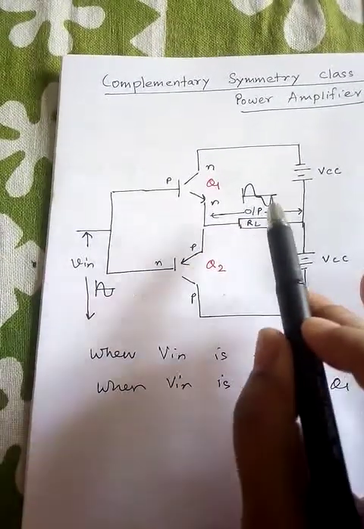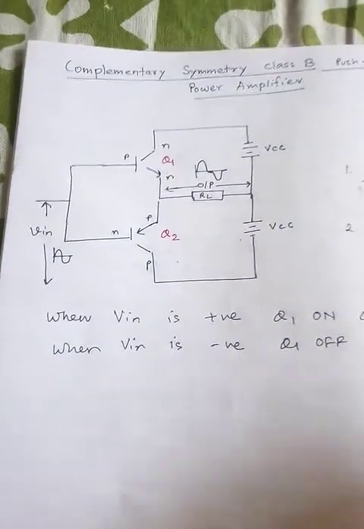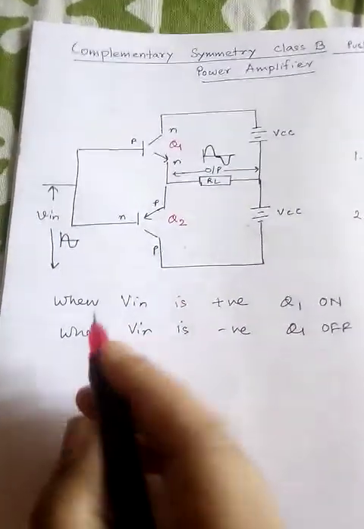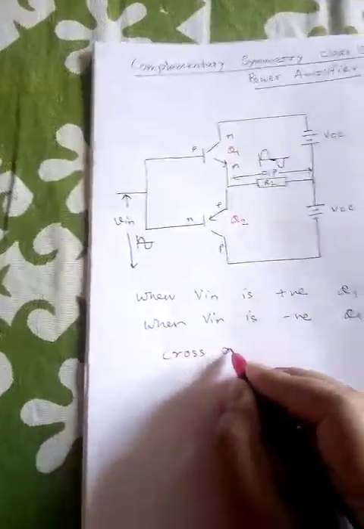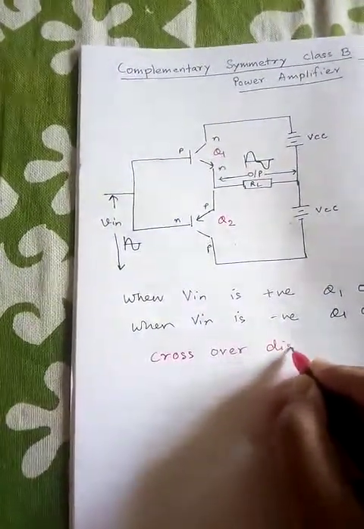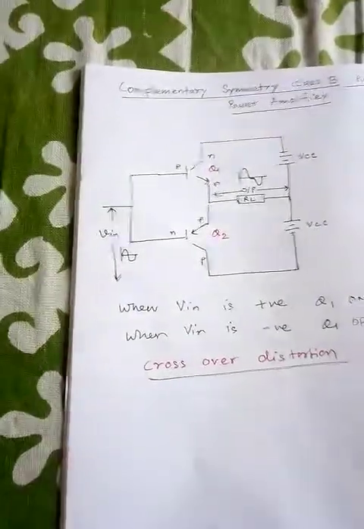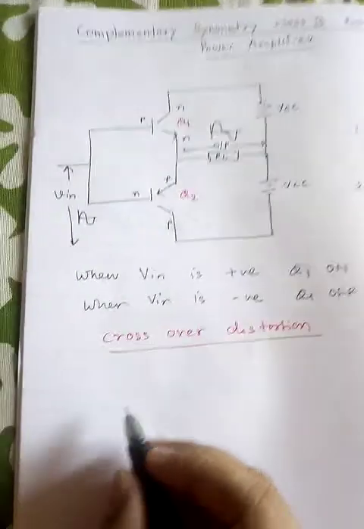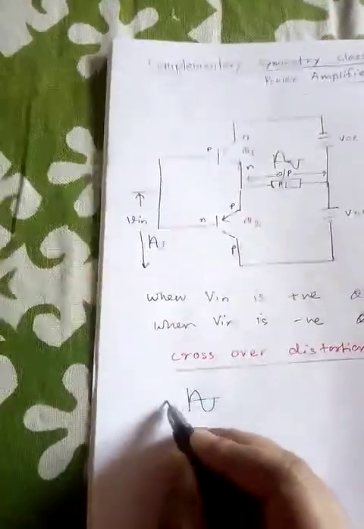Okay, this is fine, but there is a problem. The problem is very important and it is called crossover distortion. Now what is this crossover distortion? It is seen that the output is not like this.